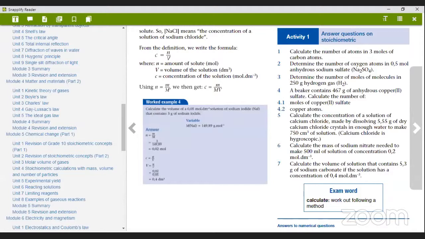So for example, here they mention it again. The [NaCl] means concentration of a solution of sodium chloride.